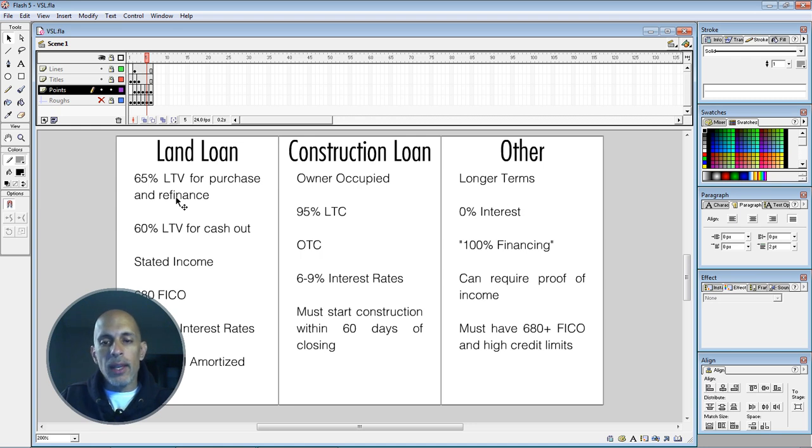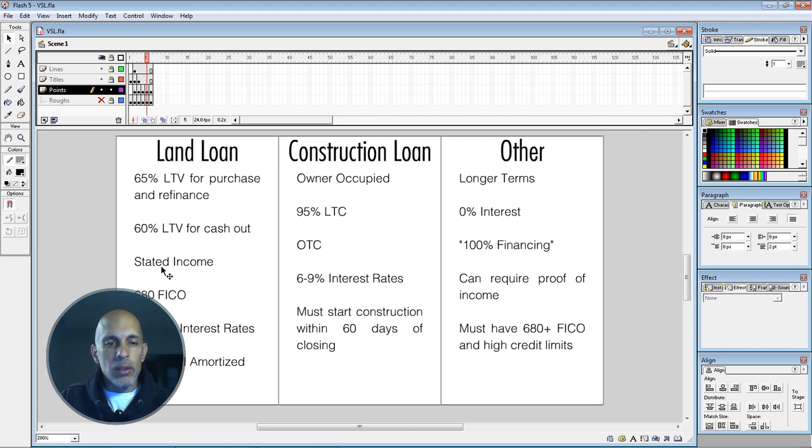If you're refinancing it, let's say you have a $1 million property, your current loan balance is 600,000, 620,000. We can go up to $650,000, roll up all the fees, and get you the time that you need so that you can take your time paying back that financing.